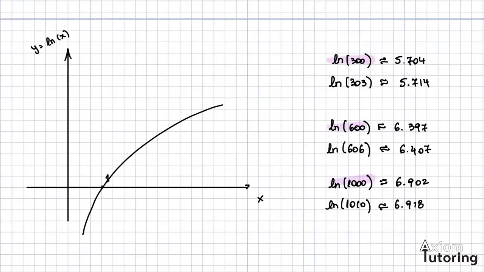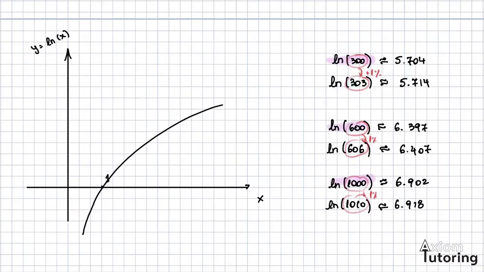It's actually intentional, because going from 300 to 303, just as a number, I have increased this number by 1%. Going from 600 to 606, I've increased this by 1%. From 1000 to 1010, I've increased this number by 1%. So everywhere that I'm going from these numbers is a 1% increase.